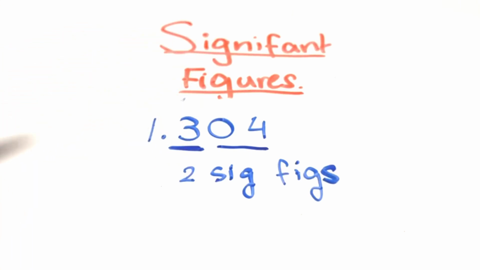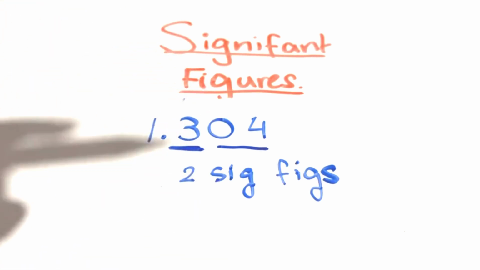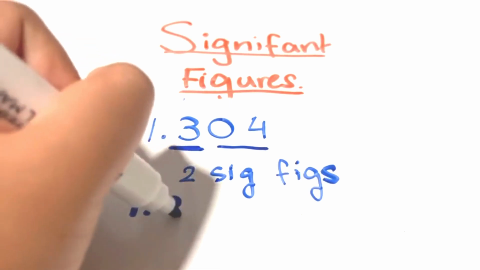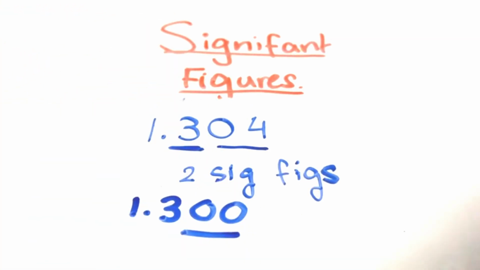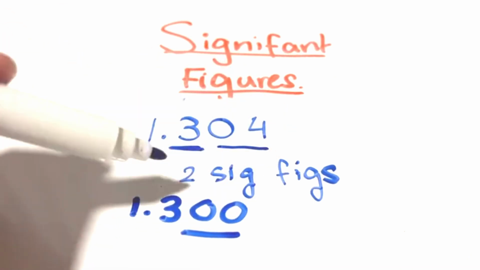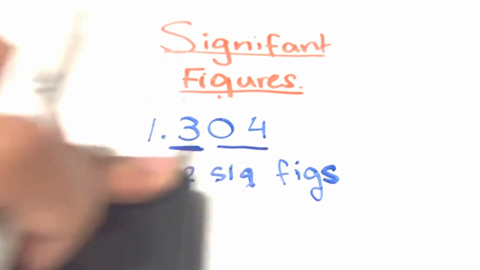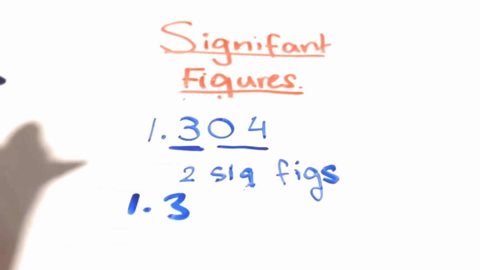So, because there is a 0 after 3, we're not going to round this number up, and we're going to keep 3 as it is. So we're going to have 1.3, and we're not going to have 0, 0 because that means these two are going to be significant. So there would be 4 significant figures. So instead of doing that, we're just going to have 1.3 as our answer for this.